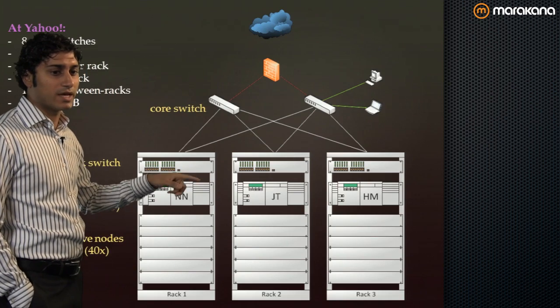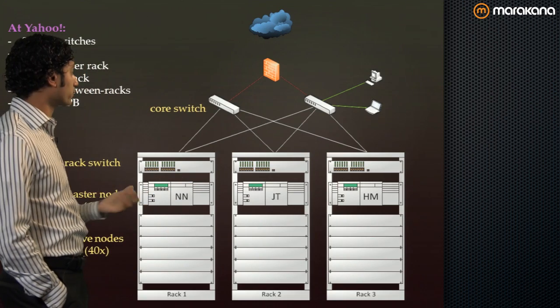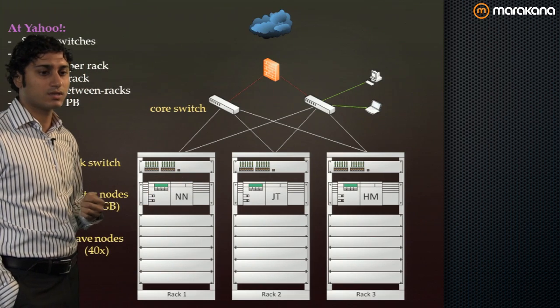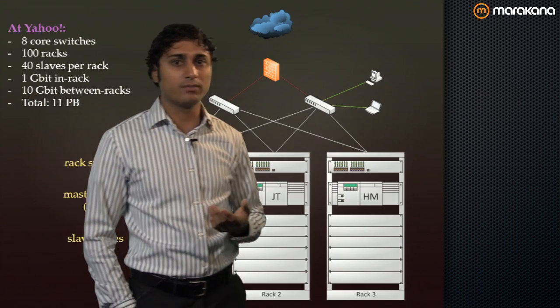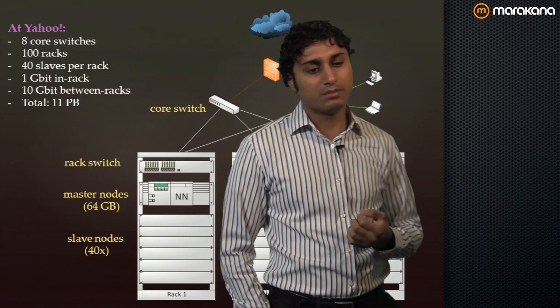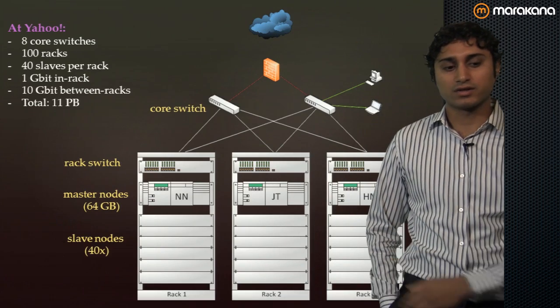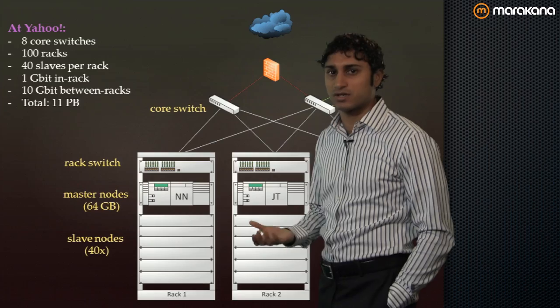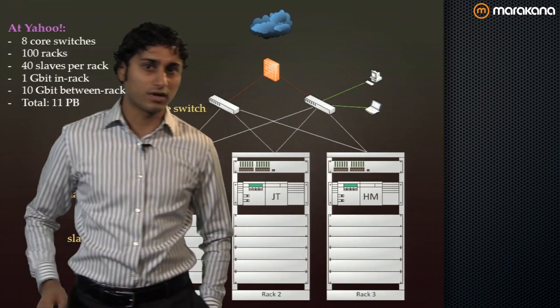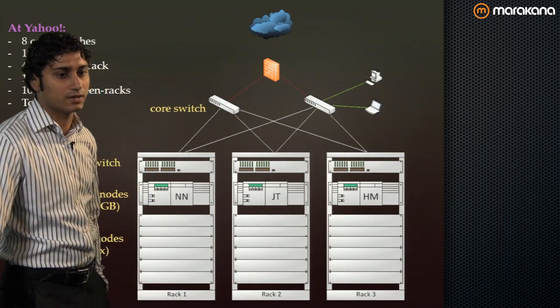You'll also notice that the master machines are beefier. They're dual or triple redundant hardware machines as opposed to the slave machines, which are usually just one power supply, and there are single points of failure on the slave machines, but that's not as critical because if a slave machine crashes, there are other machines that have a copy of that data.